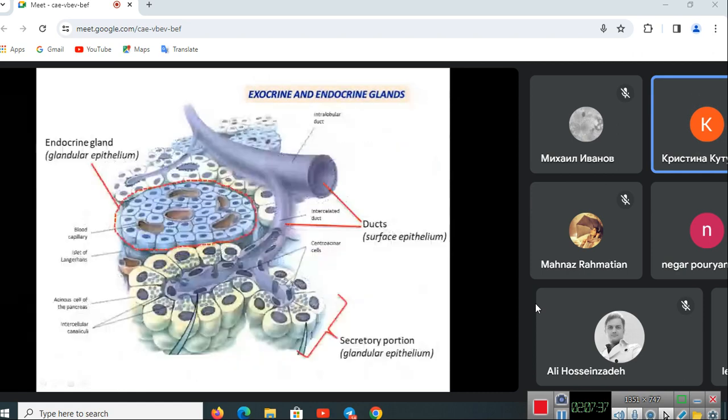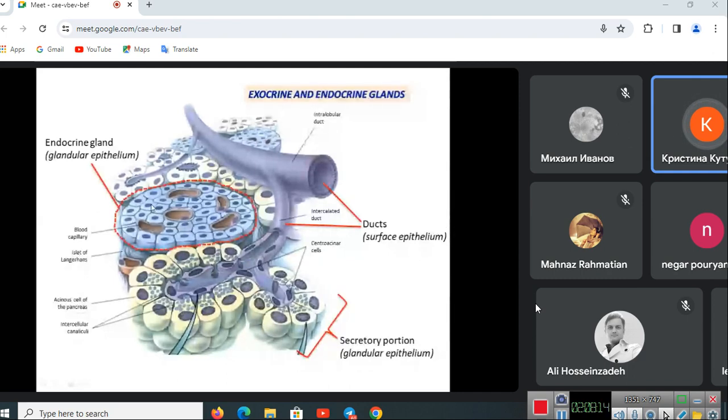So, for example, in the pancreas we have both types of glands. We have exocrine glands, this part which has a secretory portion with glandular epithelium, and ducts, which are tubes lined with surface or lining epithelium. And also here we have the endocrine portion, which is an endocrine gland, made up of glandular epithelium.